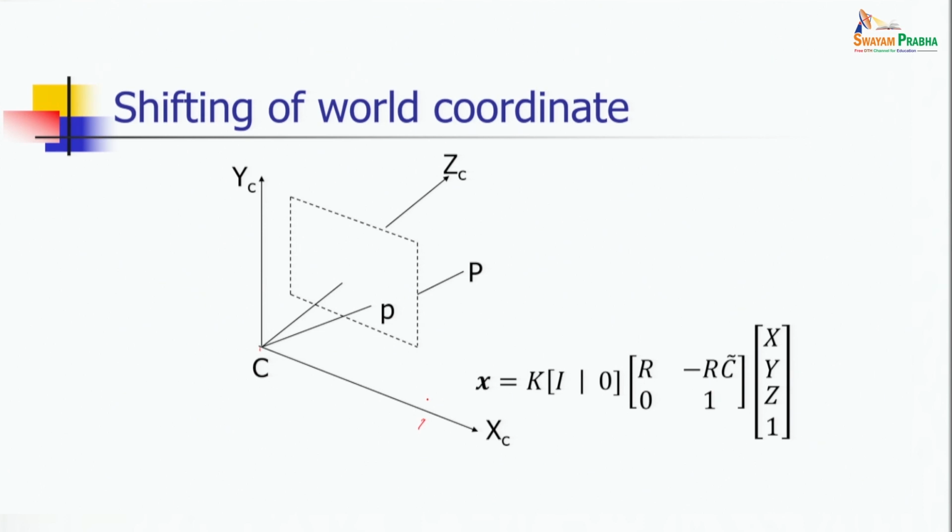But in a more general case, the world coordinate may have a separate convention. So you have defined, without dependency on your camera coordinate system or imaging configurations, a fixed world coordinate system.